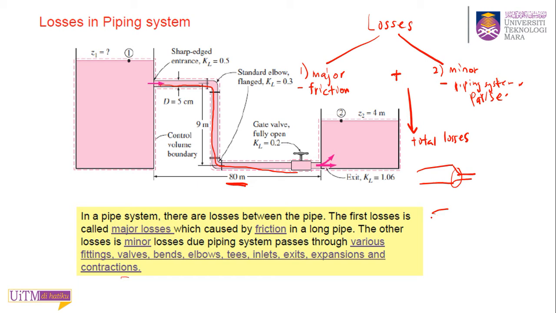The opposite of that is expansion. If you have a smaller pipe connected to a bigger pipe, you will have expansion losses when the fluid flows from the smaller pipe into the bigger one. So the summation of minor losses for each of these, the entrance, the bends, the elbows, the tees, the inlets, the valve, the expansion and contraction, gives you the minor losses in your piping system.